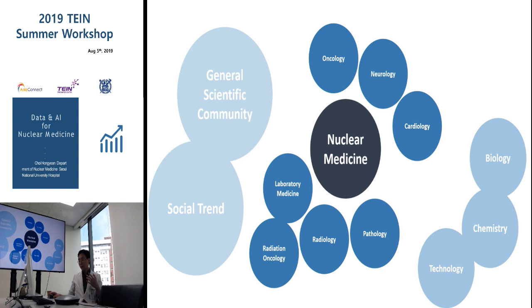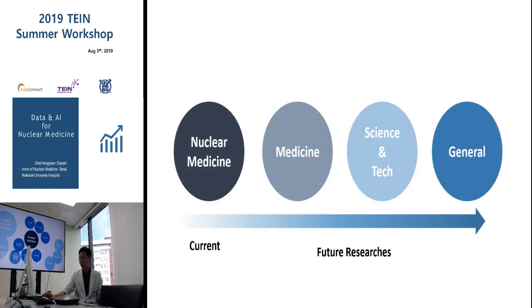And nuclear medicine is dependent on technology. So many types of science such as biology and chemistry, and all technology can affect nuclear medicine. And other general science communities and social trends also affect nuclear medicine.